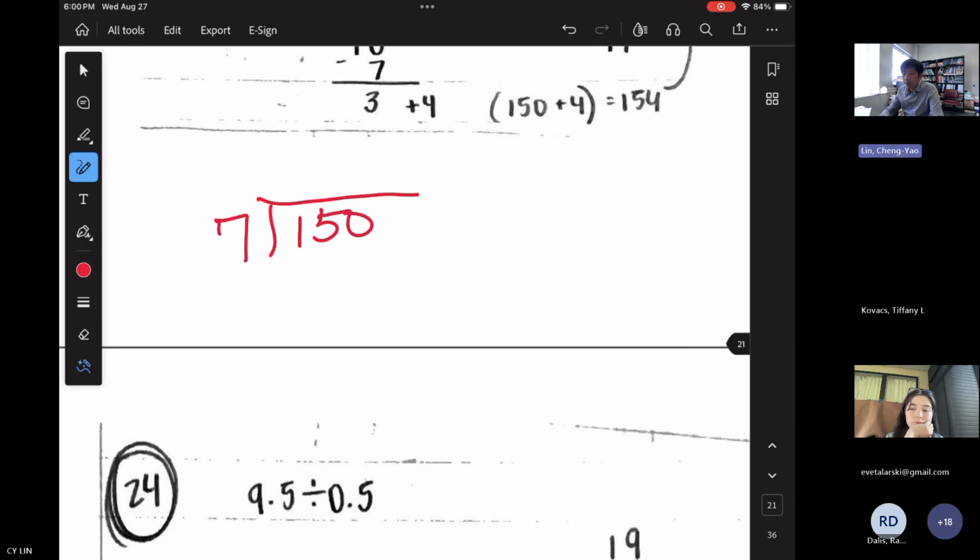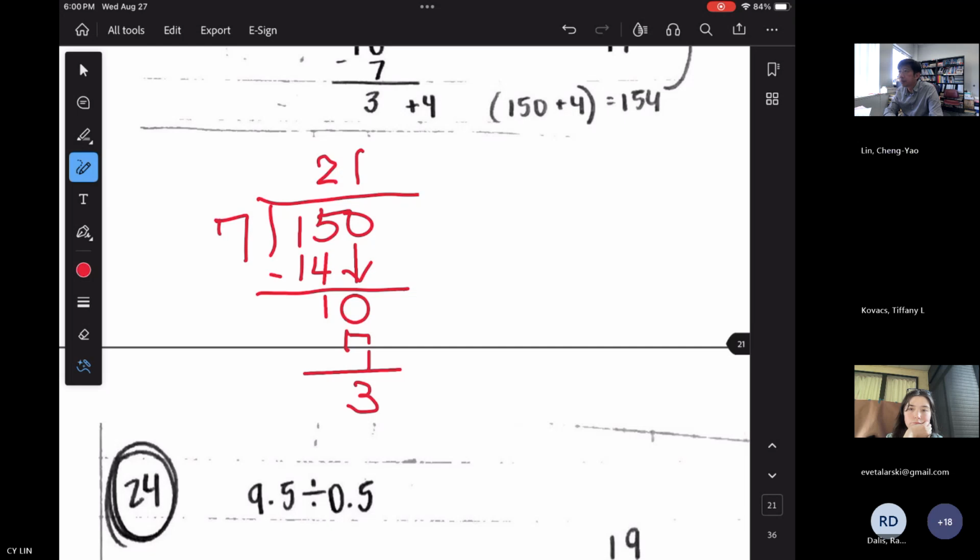I take 150 divided by 7. 2 times 7 is 14. Minus this, we get 10, moving down the 0. Then we put 1 there, 1 times 7, and we have a remainder of 3. What does the remainder 3 tell you?